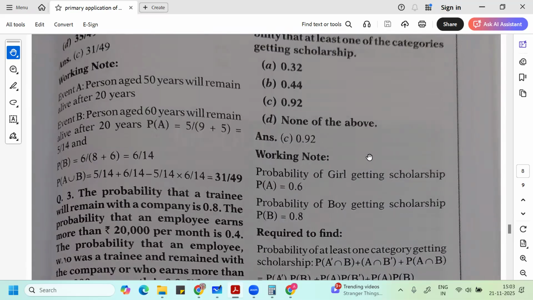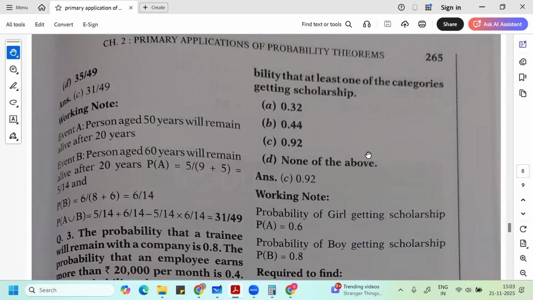Find the probability that at least one of the categories gets the scholarship.